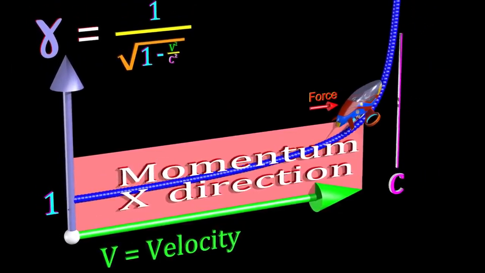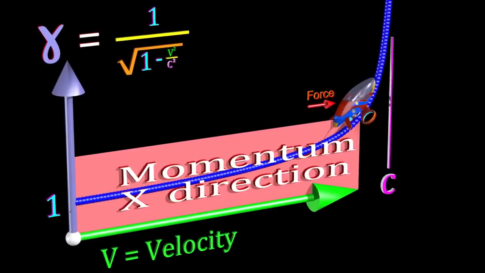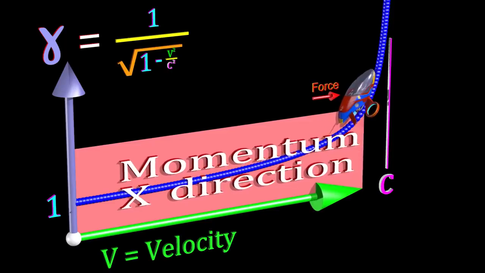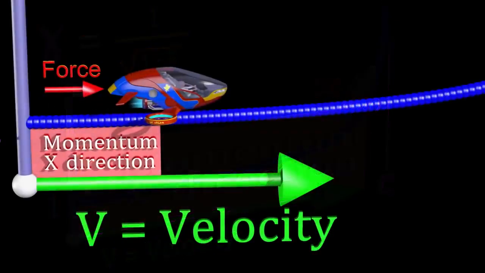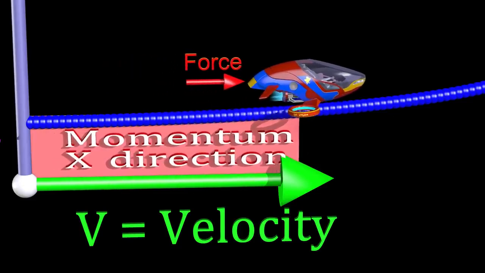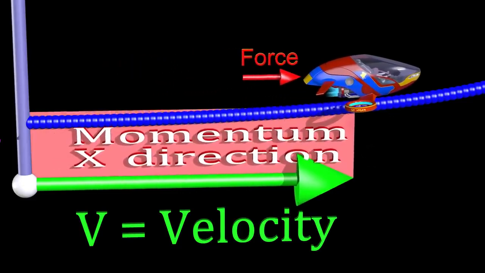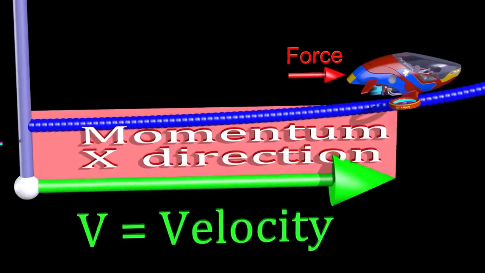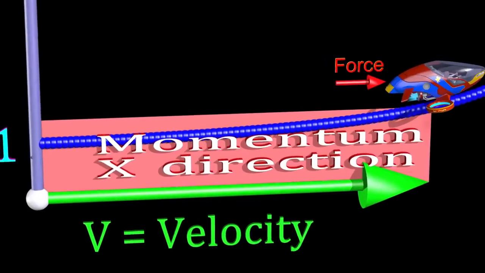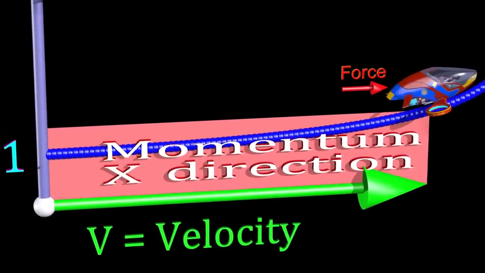At speeds far below the speed of light, gamma is approximately equal to 1, and the rectangle's area changes at a constant rate by having the velocity change at approximately a constant rate. But at higher speeds, the area of the rectangle changes significantly, both because the velocity is changing and because gamma is changing.